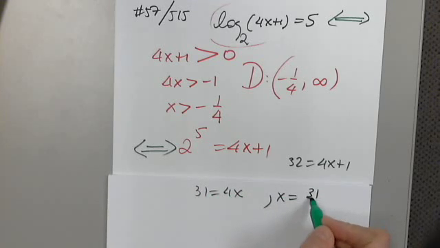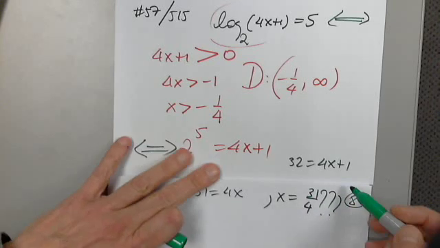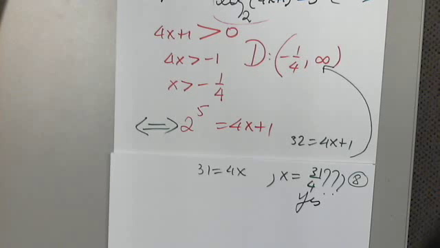Therefore, x is 31 over 4. Well, if it's in the domain, then 31 over 4 is acceptable. If it's not there, 31 over 4 is not acceptable. Is it? Yes, it is. So I will say yes. This is our first log equation.